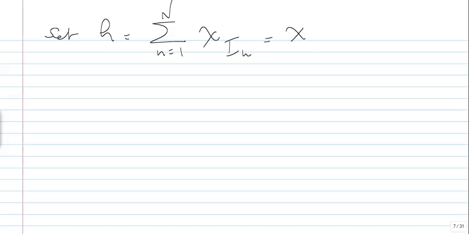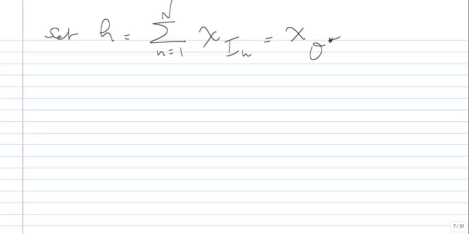So set h to be the sum of the characteristic functions of these intervals I_n from 1 to n, which basically is just the characteristic function of O star. Okay, so it is a step function.